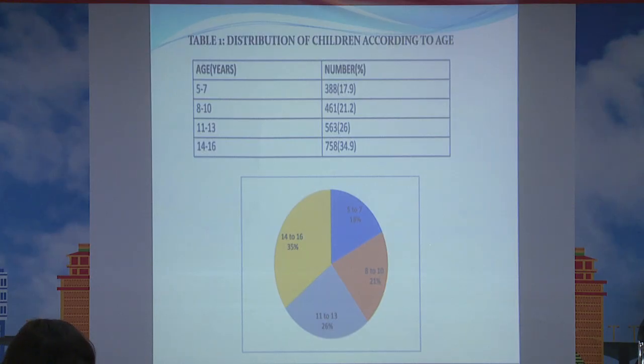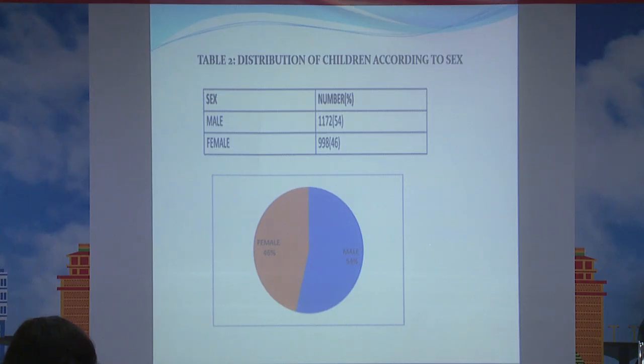In between 5 to 7 years, that is 17.9%, 8 to 10 years, 21.2%, 11 to 13 years, 26%, and the highest is in the age group of 14 to 16 years, 34.9%. And this table shows distribution of children according to sex. In the male, this is 54%, and in female, this is 46%.